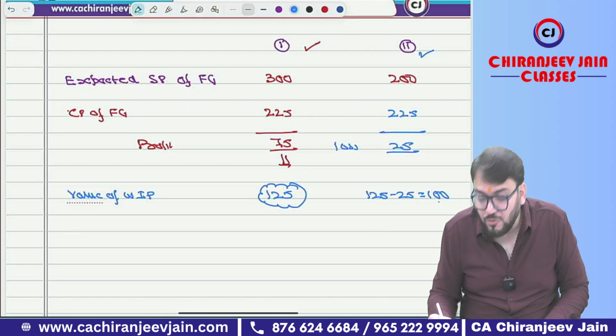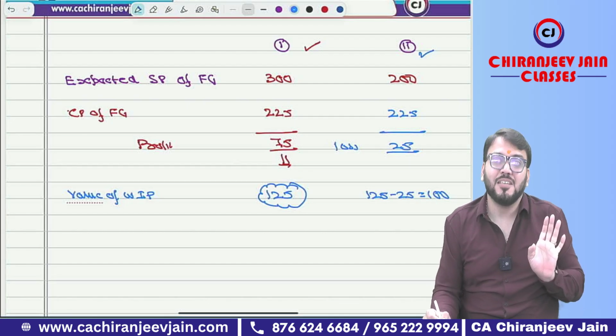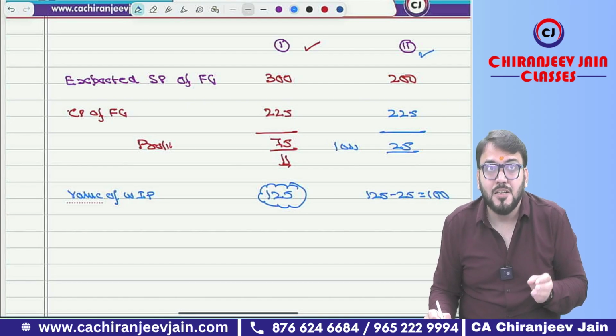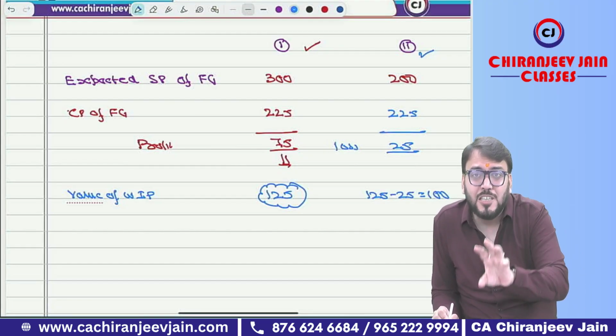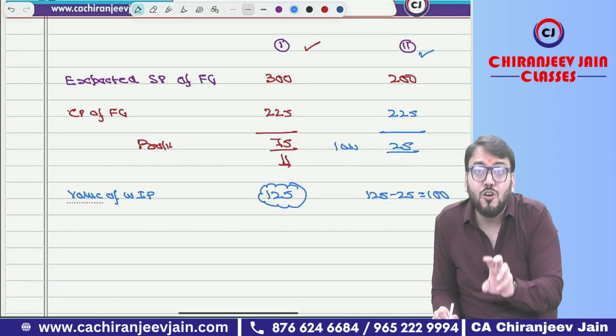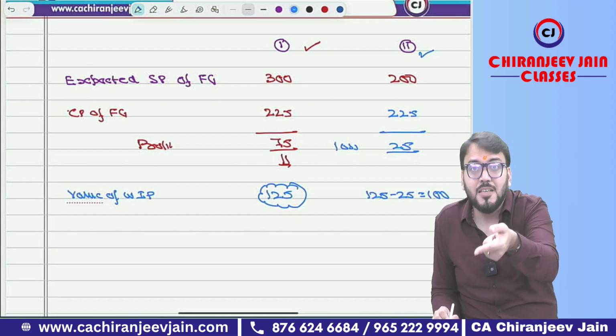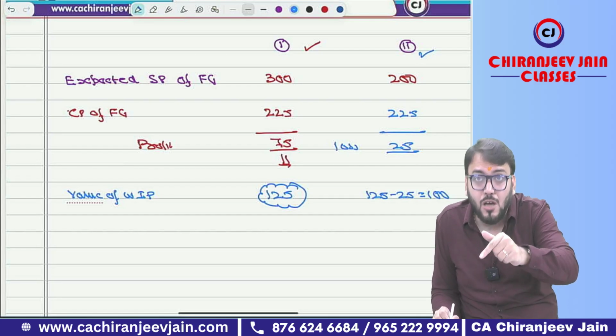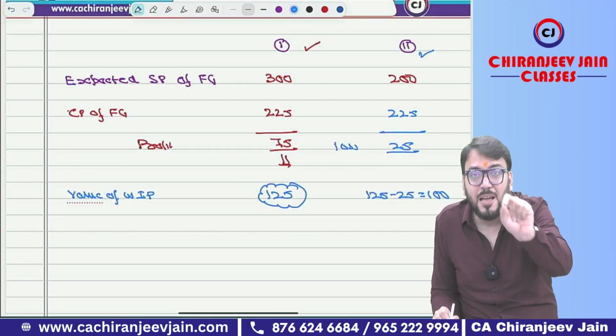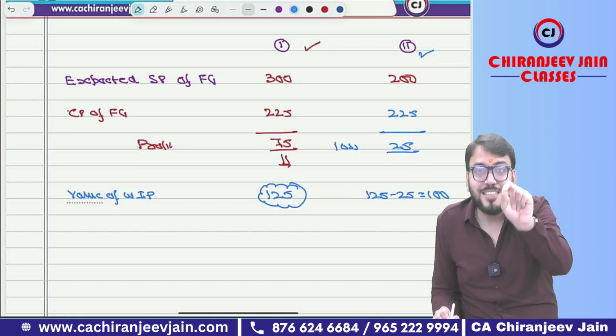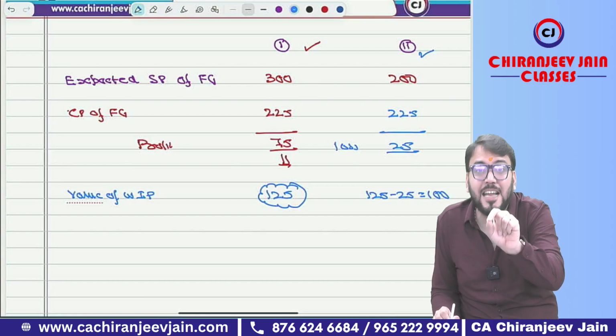This is the concept. So can I say we need to first find out what is the expected loss on sale of finished goods. If there is an expected loss, that is the amount by which inventory should be written down.